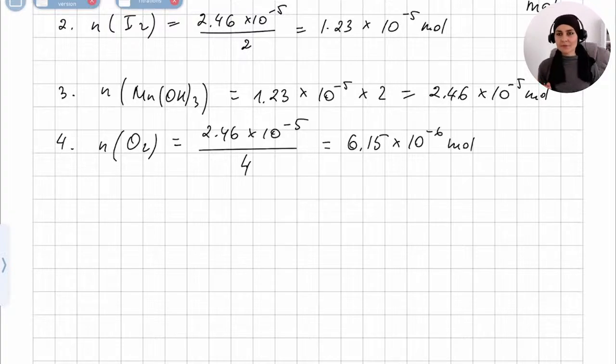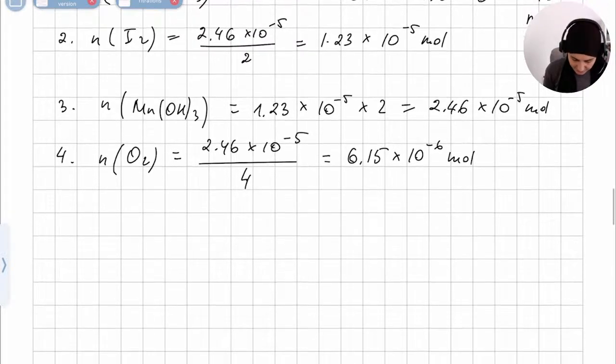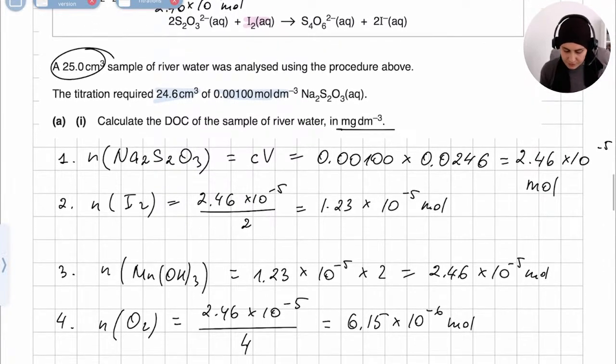So that's it. So I found the moles of oxygen in my 25 cubic centimeter sample. And then I need it in milligrams per cubic decimeter. From here you can do it in different ways. So let's first find moles per cubic decimeter.